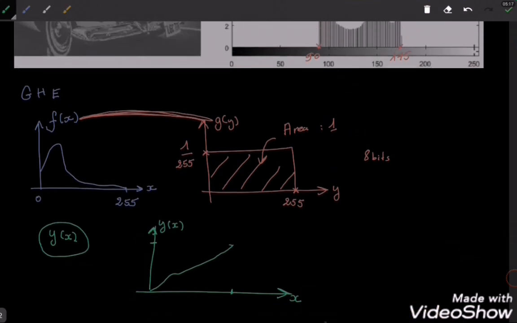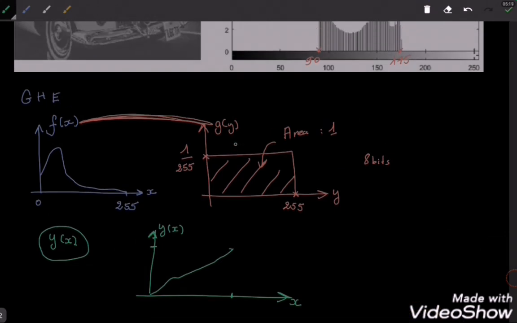Here, I said that in order to get an image with a good histogram, or a good contrast, its probability density function should be as uniform as possible, which is in this case continuous.